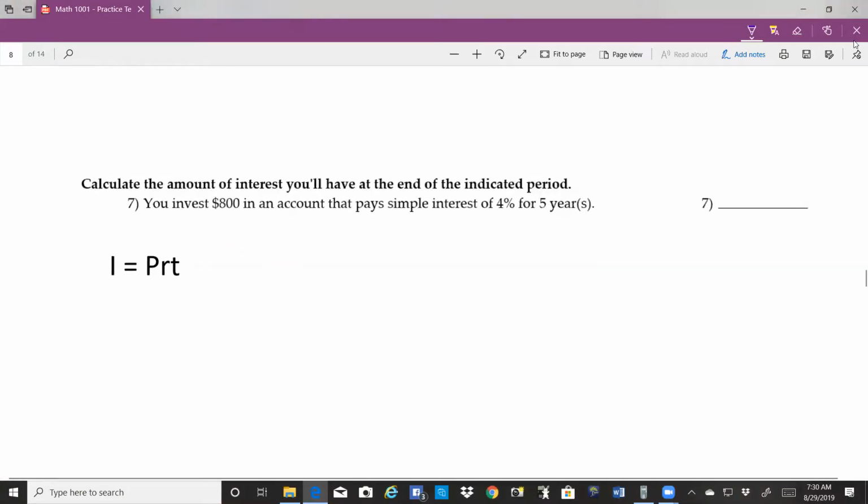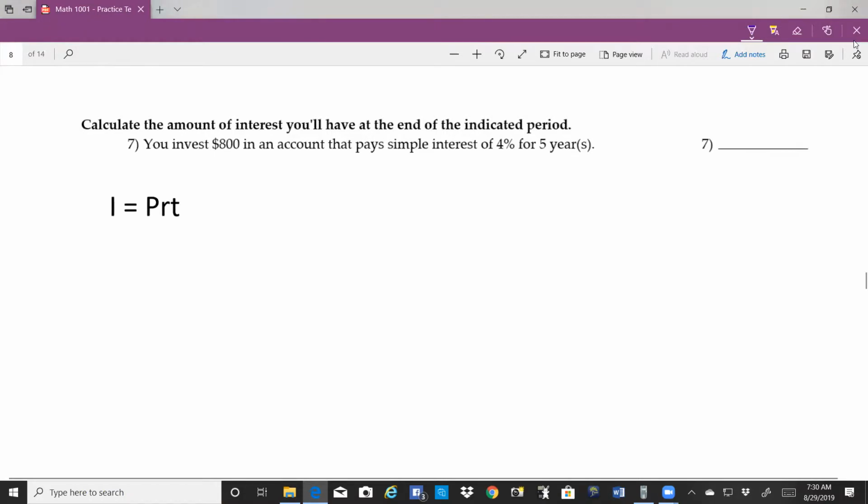Number 7, calculate the amount of interest you'll have at the end of the indicated period. This time the period is 5 years. You invest $800 in an account that pays simple interest. The big difference between simple interest and compound interest: the simple interest formula is very simple. It's I equals PRT. P is the principal, so here the principal amount, the amount you start with, is $800.